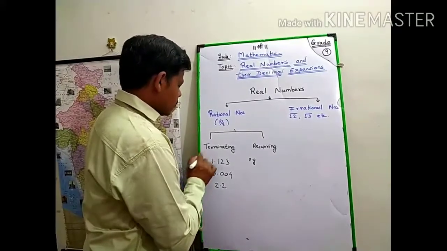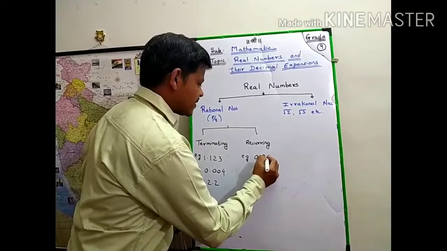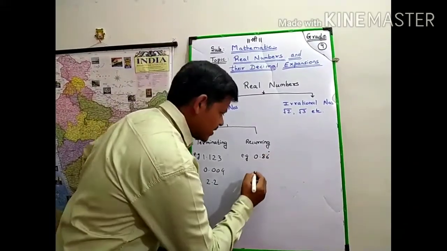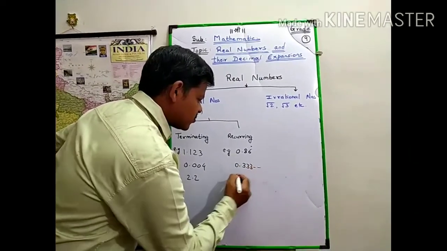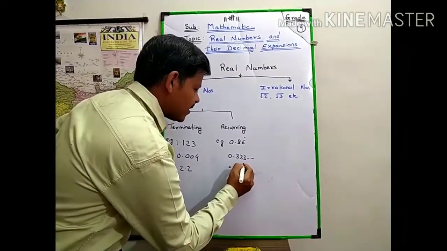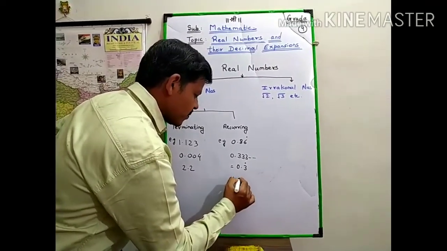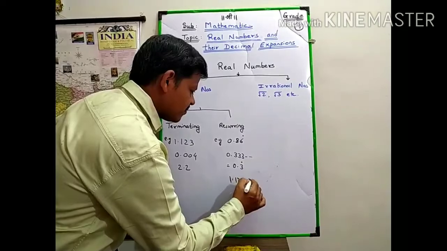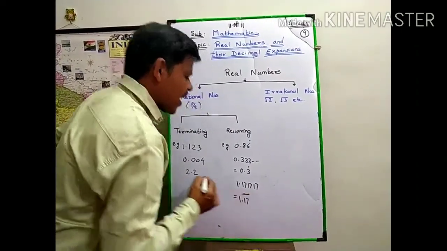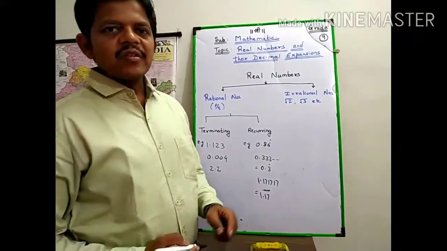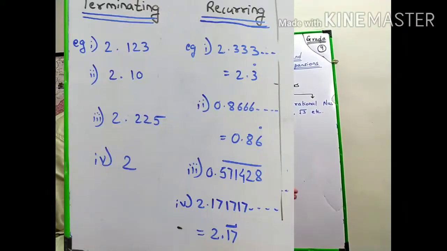Like, just now we had seen the answer 0.86 with a bar dot over 6, or 0.333, which could also be written as 0.3 with a dot, or in some cases 1.171717, which could be written as 1.17 with a bar over 17. So that's how we have the rational numbers, either terminating or recurring.